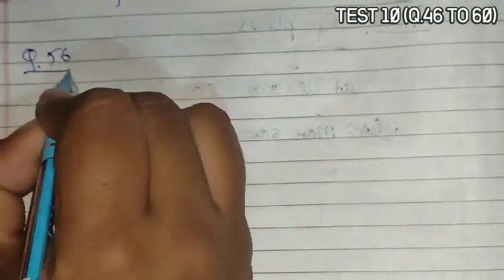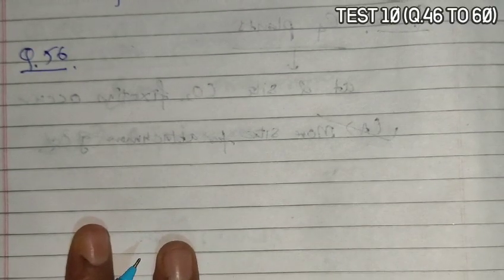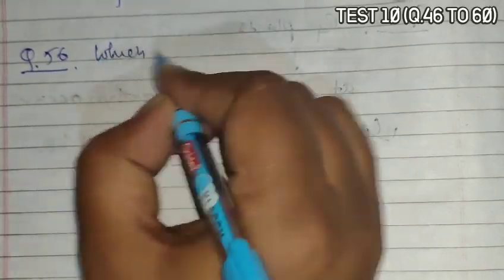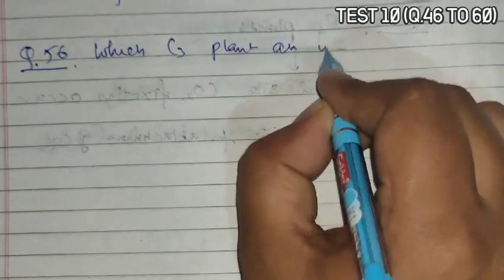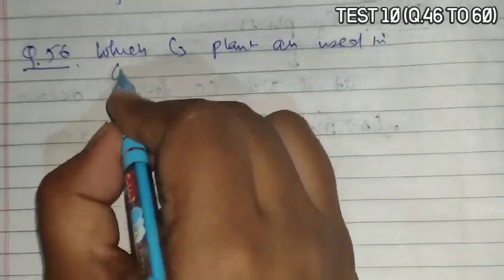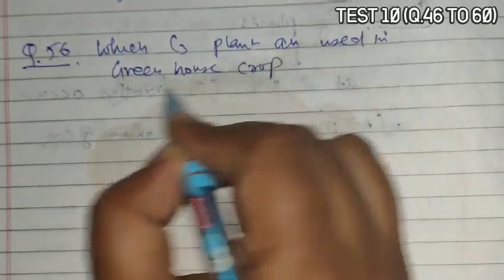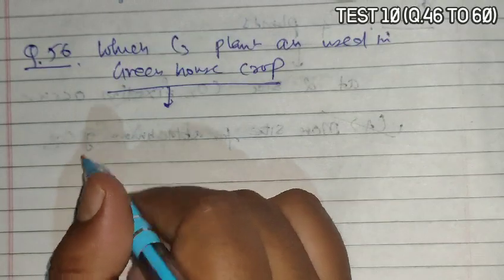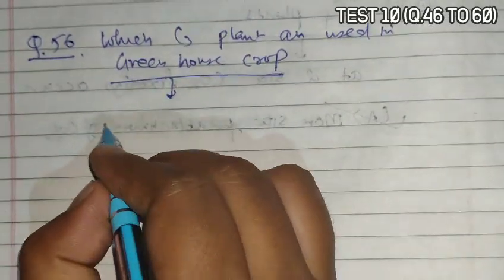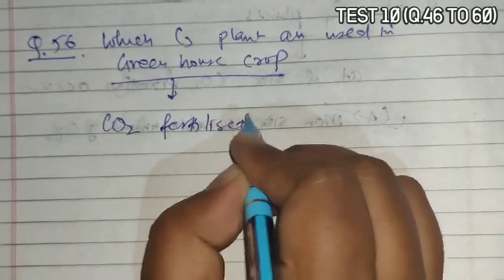Next is question 56. Question 56 asks which C3 plant is used in greenhouse crops. Now in a greenhouse, the CO2 concentration is increased and CO2 fertilization occurs.